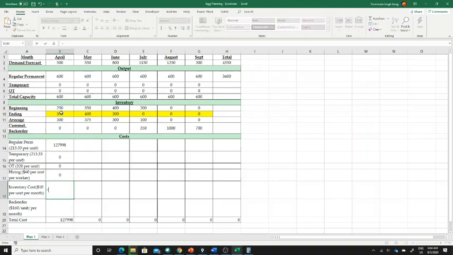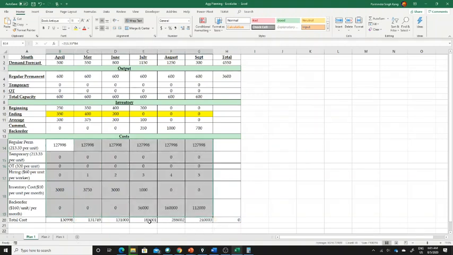Inventory cost is $10 each, and we have average inventories for the month of April in B11, so that will give me the inventory cost. It's costing us $160 per back order, and we have the number of back orders in B12, right? So let's apply these across. So that will give us the total cost for each month in row number 20, right?